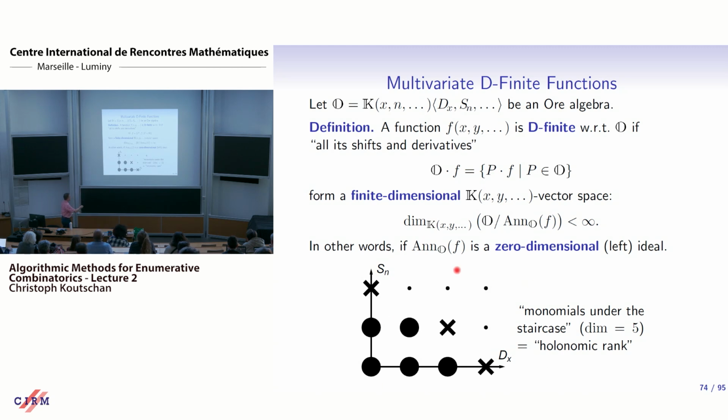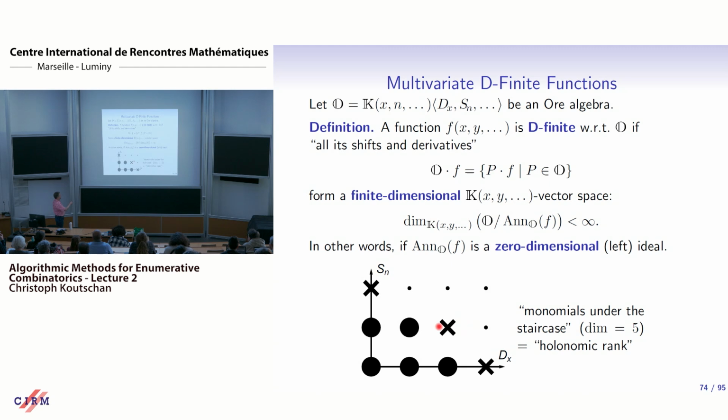This is the typical picture that you draw with Gröbner basis. So let's say we have the two operators, Dx and Sn, and nothing else. Then we can draw this two-dimensional picture. Here we draw monomials in Dx direction. When I make a cross here, it means there is an operator that has a leading monomial Dx cubed. And there's some other operator that has a leading monomial Sn squared.